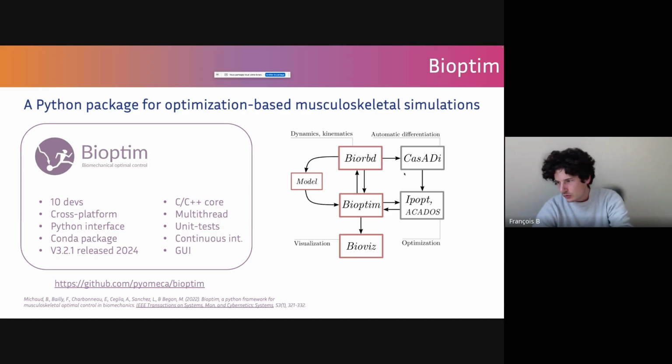I want first to talk about a piece of software that is used a lot in the simulation that I'm going to present, which is called BioTeam. It's a Python package designed to perform optimization-based musculoskeletal simulations.